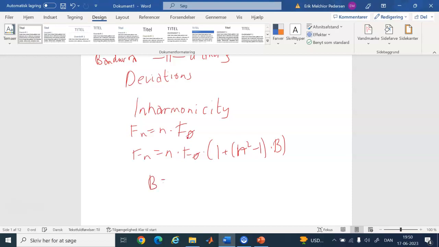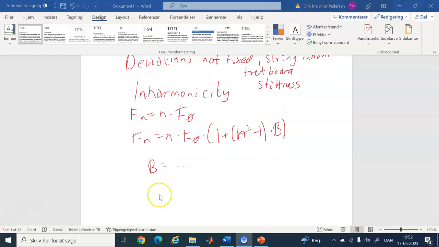It's a little bit complicated term. The deviations are: not fixed, string inhomogeneous, the third one a fretboard, and the last one stiffness.